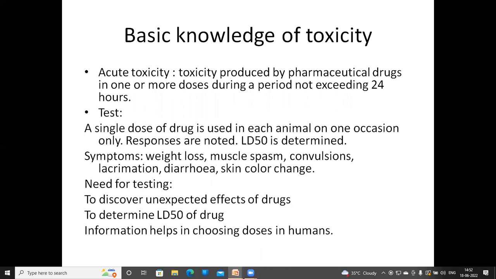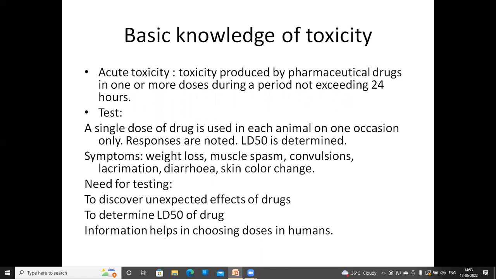This test is done in each animal on one occasion only. For one time only, the drug is given to the animal and the responses are noted, and LD50, lethal dose 50, is determined. The symptoms of this test may include weight loss, muscle spasm, convulsions, lacrimation, diarrhea, and change in skin color.